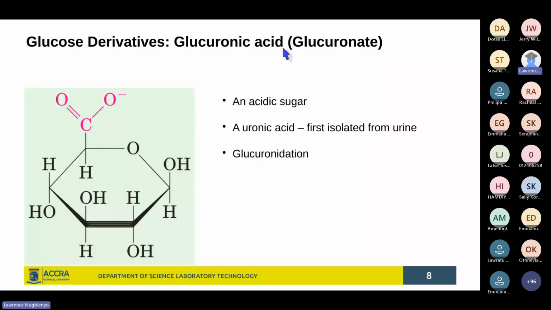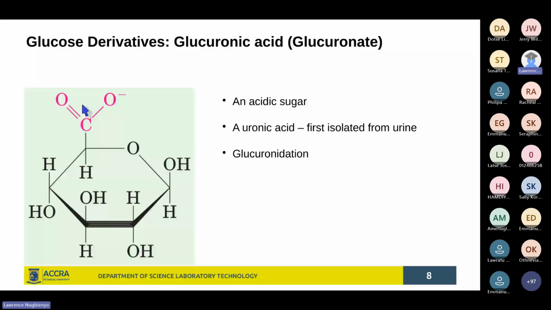Now here, what you see is a glucose molecule, everything is the same as in the glucose molecule, except on carbon number 6. Carbon number 6, you remember that was CH2OH, and that has been oxidized. So there has been some oxidation of that group, and you now have a carboxylic acid group in place of that CH2OH. Now that is an acidic sugar.